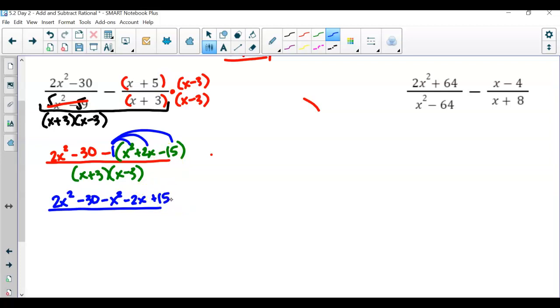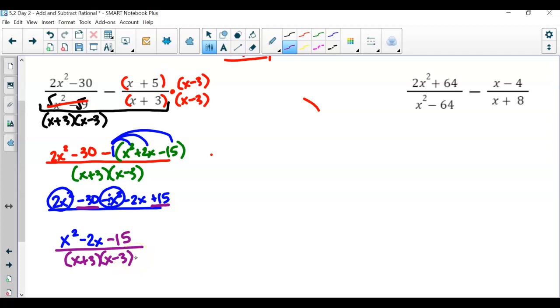So with combining like terms, I have 2x squared minus x squared, minus 1x squared, which is now just 1, so x squared. There's only this one x term here, so negative 2x. But we do have negative 30 plus 15, which is negative 15, over x plus 3 times x minus 3.